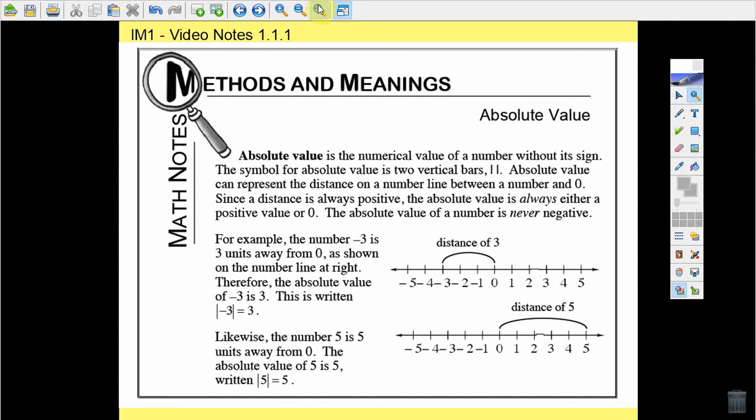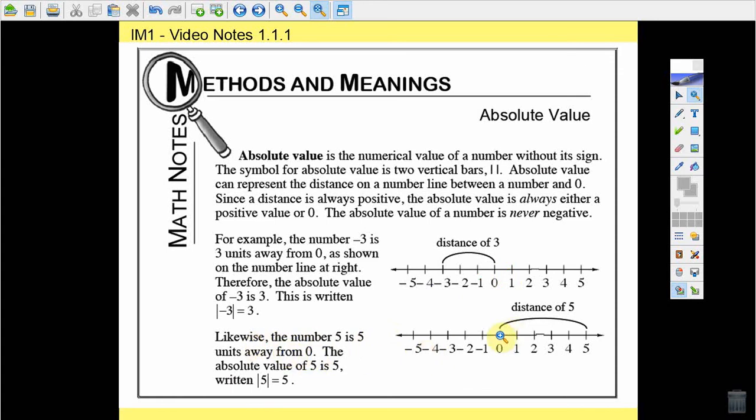So we've talked about this 3 example here. -3 is a distance of 3 units from 0, so the absolute value of -3 is 3, and the absolute value of +3 would also be 3. And here we have another example with 5.